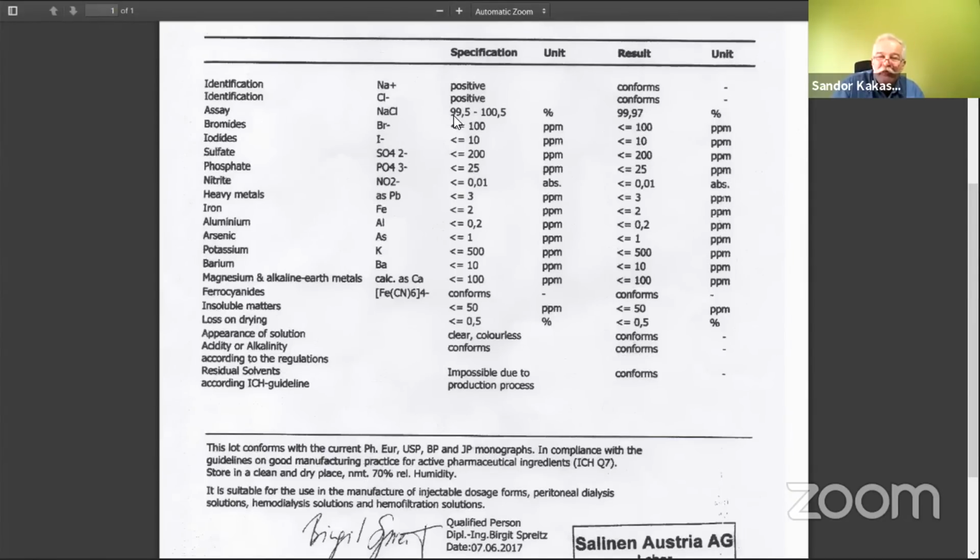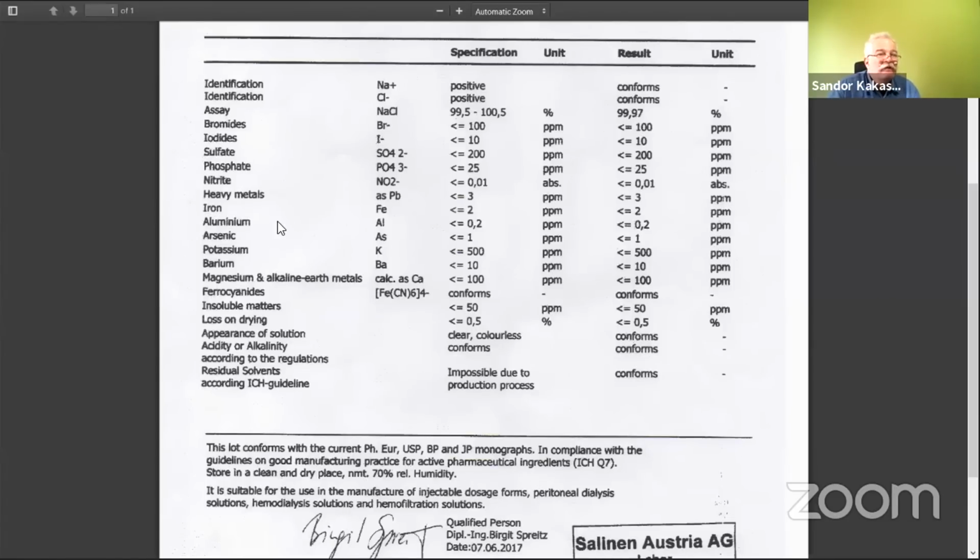Specification says it should be at least 99.5%, and the result of analysis says 99.97%. It's excellent. And it has then the values for the other trace elements. So this allows you to know what you have in the salt if the trader can provide you a certificate of analysis.